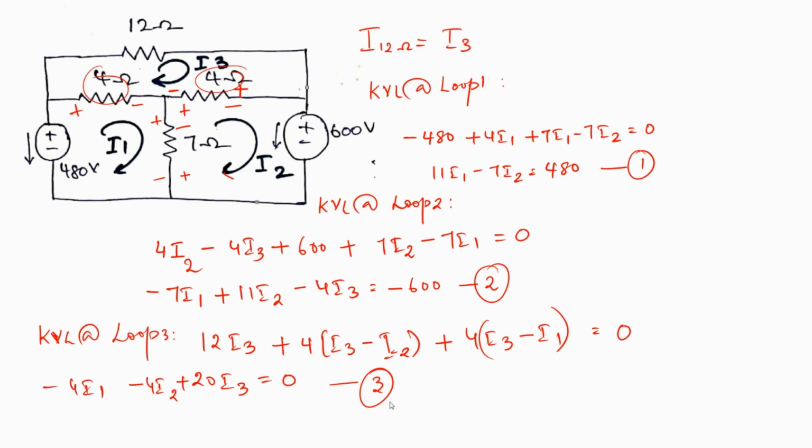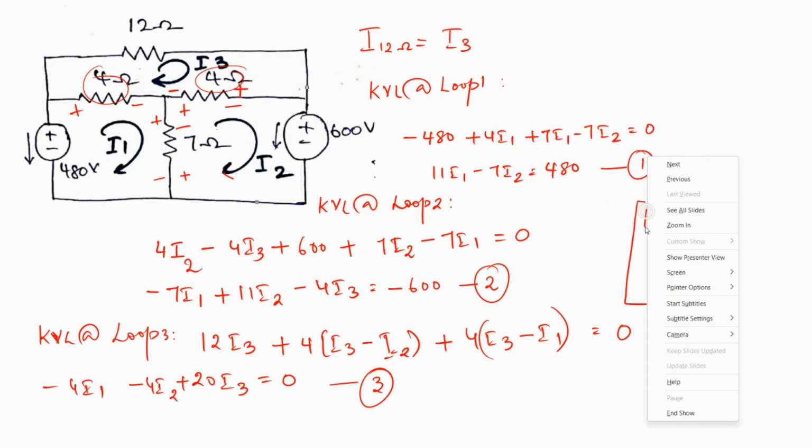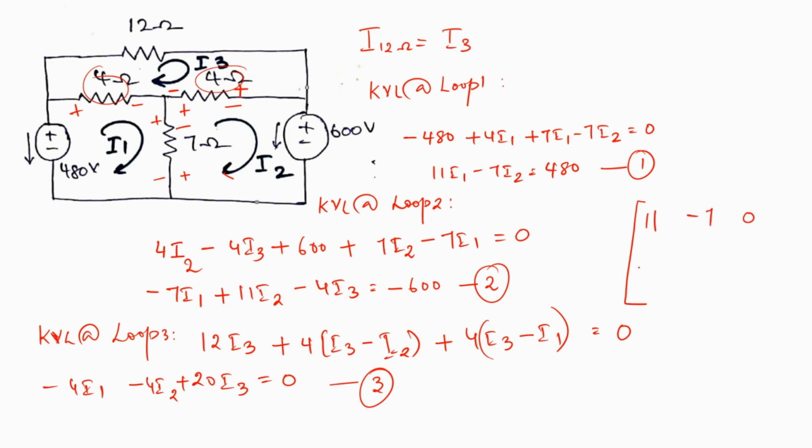So now if I try to form the coefficient matrix, let me do that over here. So I can write 11, minus 7, 0. From equation 2, I can write the coefficients as minus 7, 11 and minus 4, and the coefficients of equation 3, minus 4, minus 4 and 20.